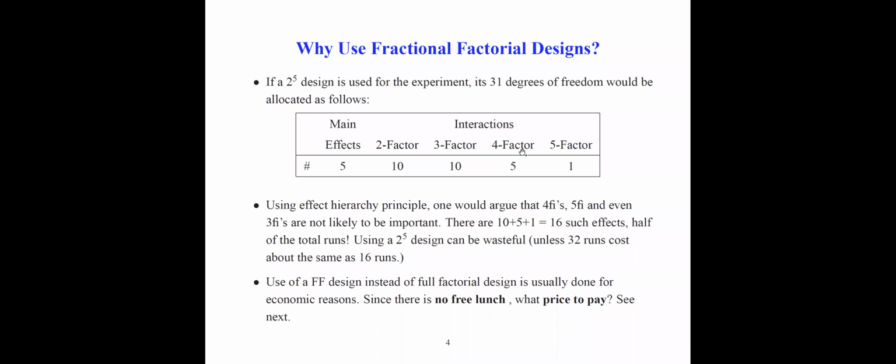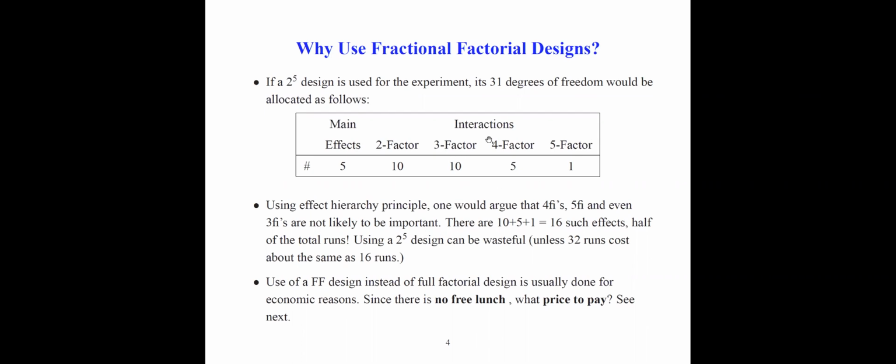But if we are going to do the fractional factorial design, we have to sacrifice some of the factorial effects. Using the effect hierarchy principle, one would argue that 4-factor and 5-factor interactions, and maybe even 3-factor interactions, are not likely to be important.